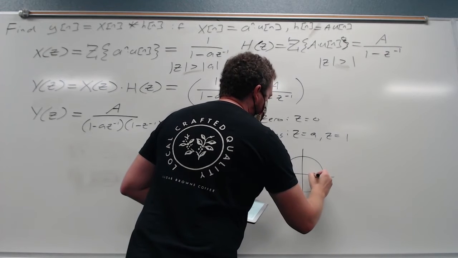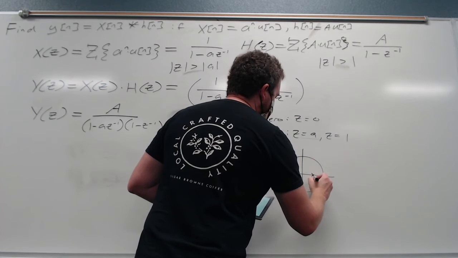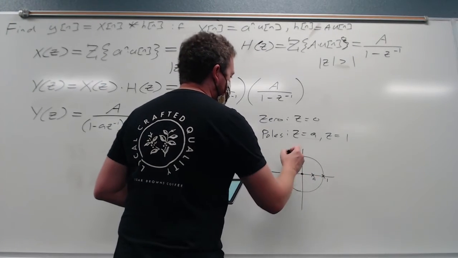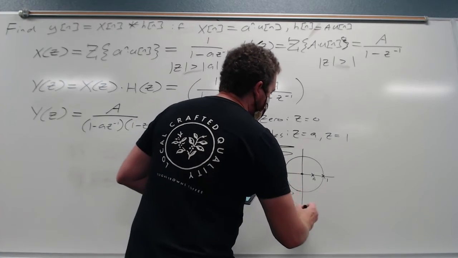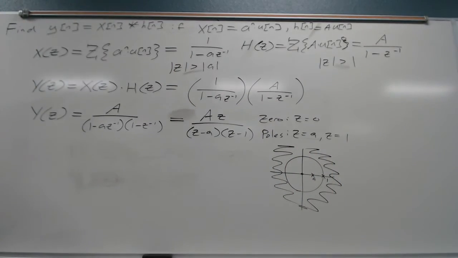So that's a 0, and that's a 0. Let's say that that is 1, and that's a. Well, so the 0 is 0. Our region of convergence is all of that outside of a. And in fact, it has to be this.